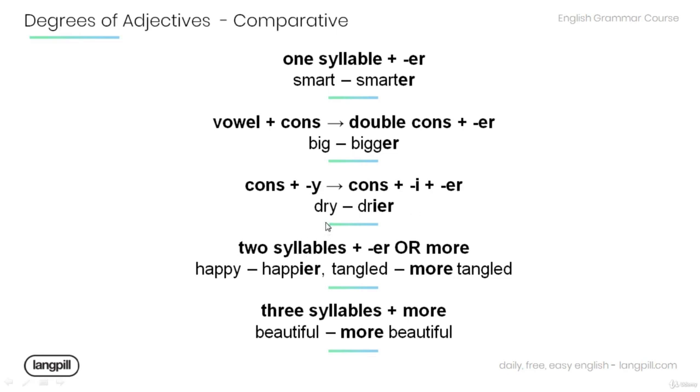For example, dry, drier. Now, when an adjective has two syllables, we simply add er, or we add more. For example, happy, happier. Tangled, more tangled. And when an adjective has three syllables, we simply add more. For example, beautiful, more beautiful.